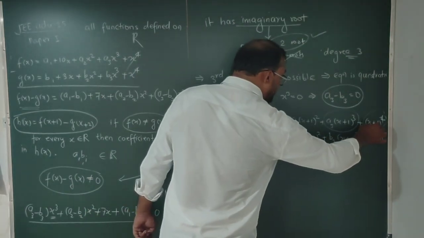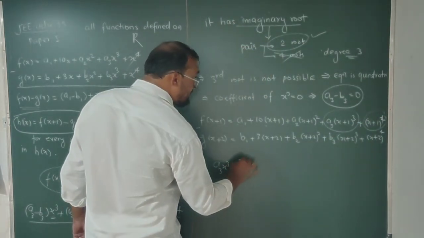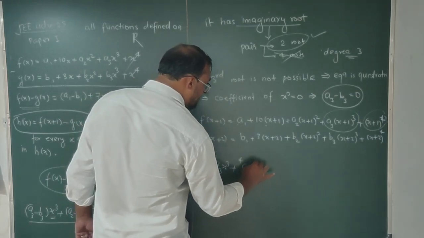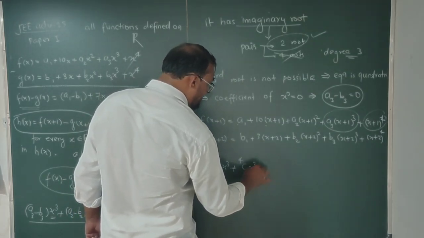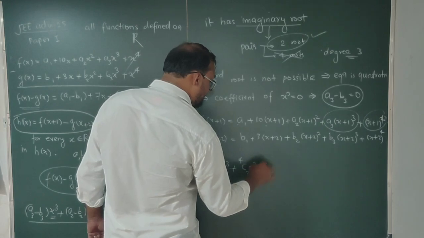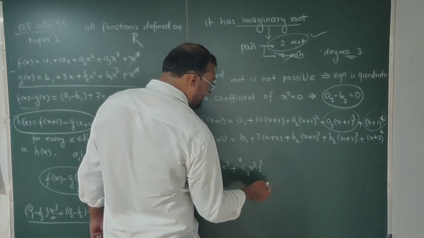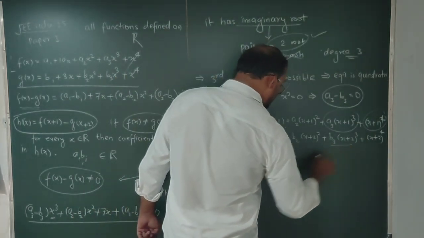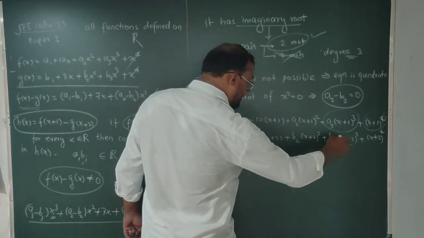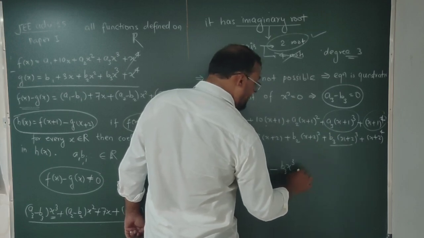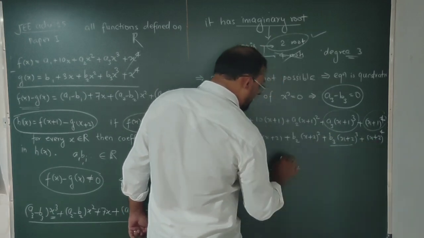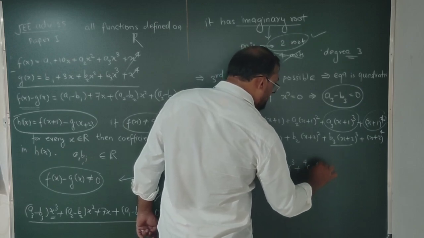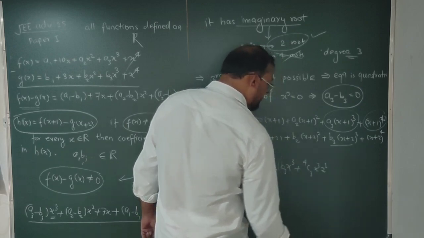We need x to the power 3, so total is power 4, 4C3, x power 3 into 1 power 1. Minus, similarly here, b3 into x power 3 plus the same condition: 4C3 x power 3 into 2 power 1.